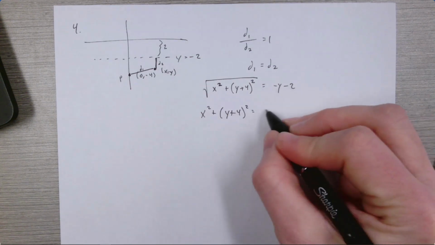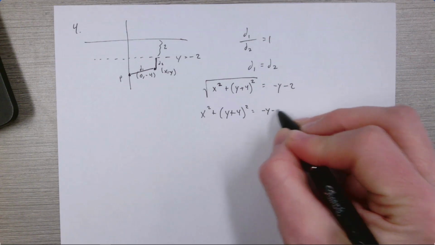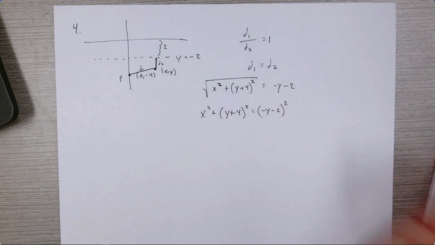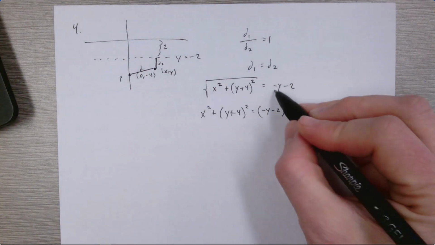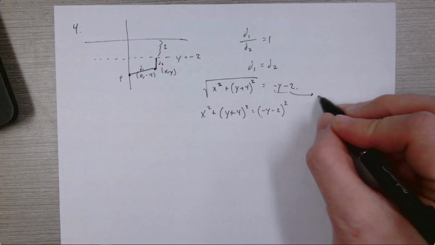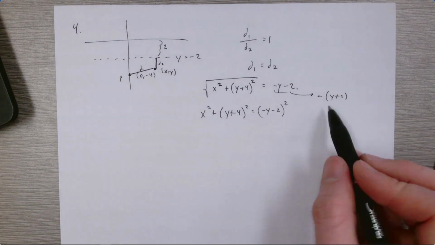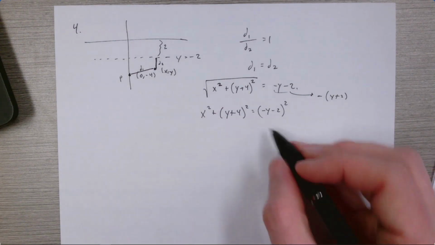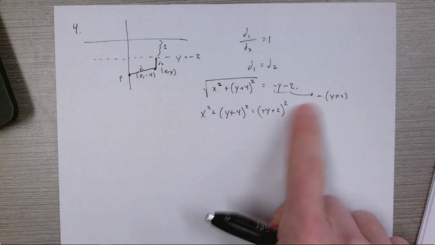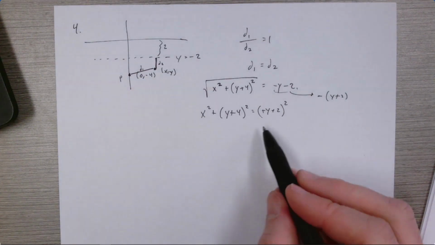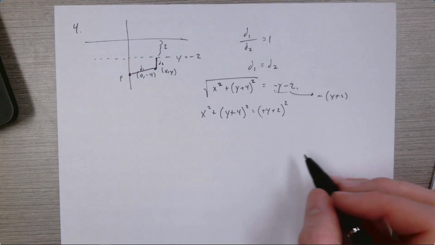And so now this is negative y minus 2 squared. You know what's going to be nicer here, though? Let's factor out the negative 1 first. So I'll have opposite y plus 2. And now if I square opposite y plus 2, that just becomes y plus 2 squared. I just think that's going to work out more nicely.